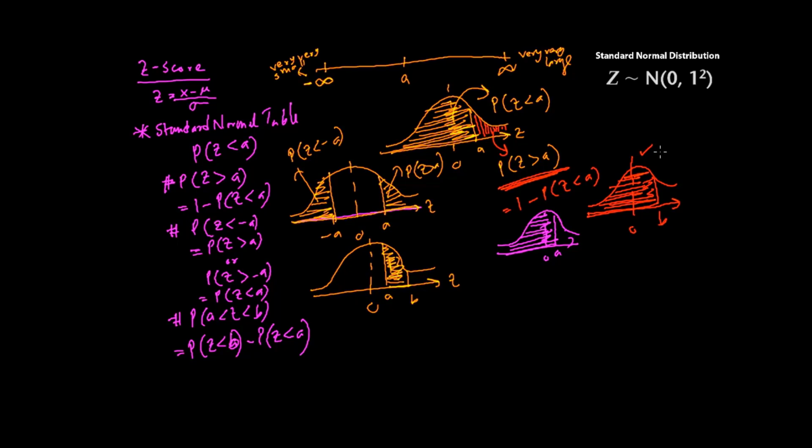So this is probability of z is less than b, and this is a smaller area obviously because a is behind this. So this is probability of z is less than a. Now if you remove the smaller area from the larger area, won't this region be left? Because from here if you remove this, only this thing would be removed. So that's why we can write it down as probability Z is less than B, the larger area, minus probability of Z is less than A, the smaller area. So these are all done by symmetry and the concept of geometry. That's all that is happening.